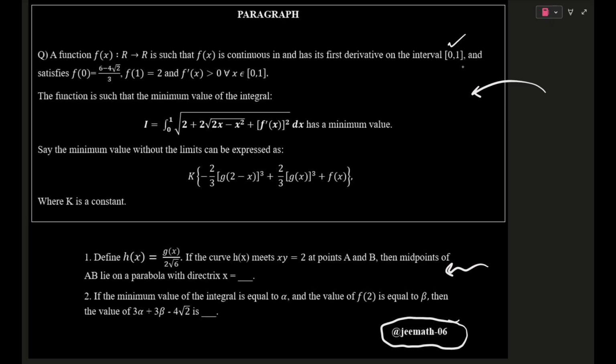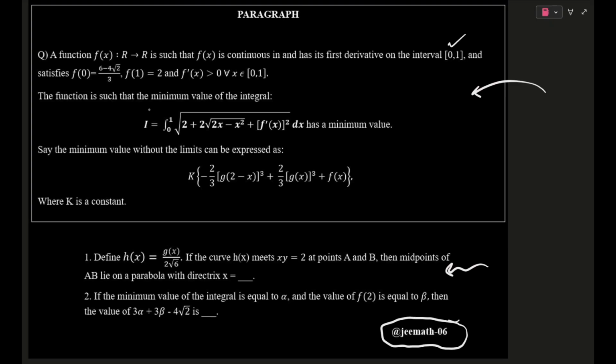The function is such that the integral I has a minimum value. I actually wrote minimum value two times, it's a special question, that's why. I will explain this part's meaning.